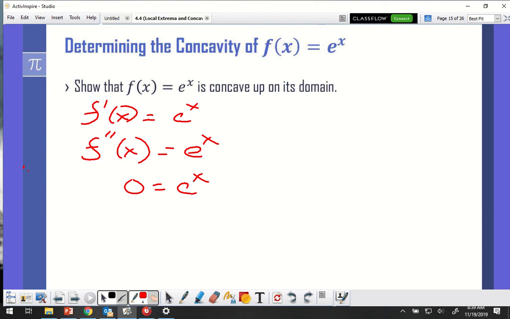Okay, so now certain things that we have to know about this. How am I going to get 0? Can I get 0? You can't get it. Why can't I get it? Because f double prime should be bigger than 0.